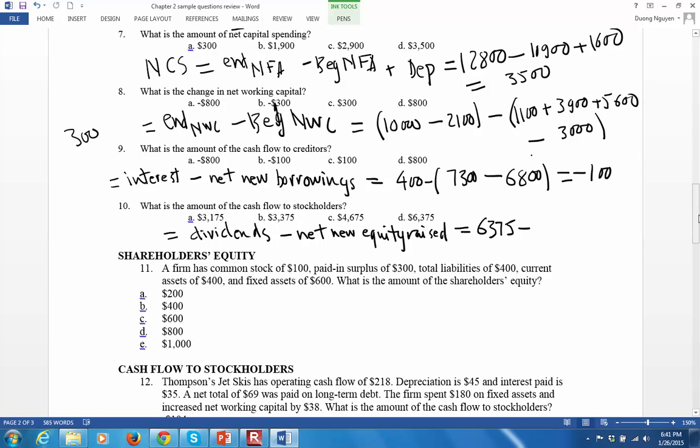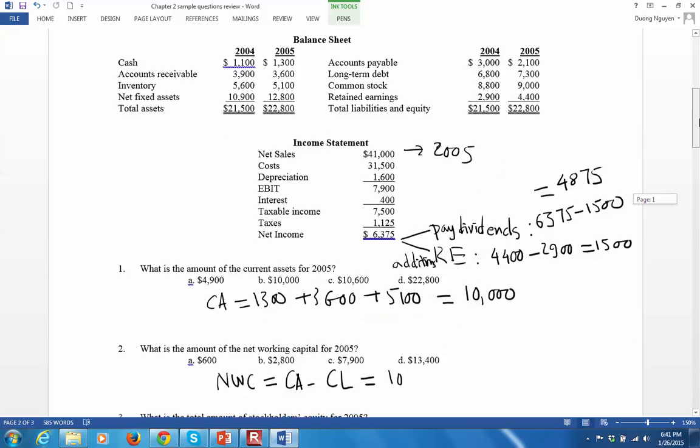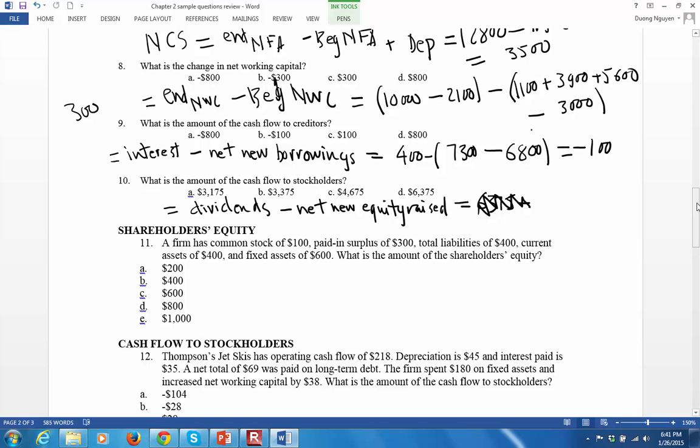The dividend we calculated in the previous question is equal to 48.75. Dividends equal 48.75 minus net new equity raised, which is the ending common stock minus beginning common stock.